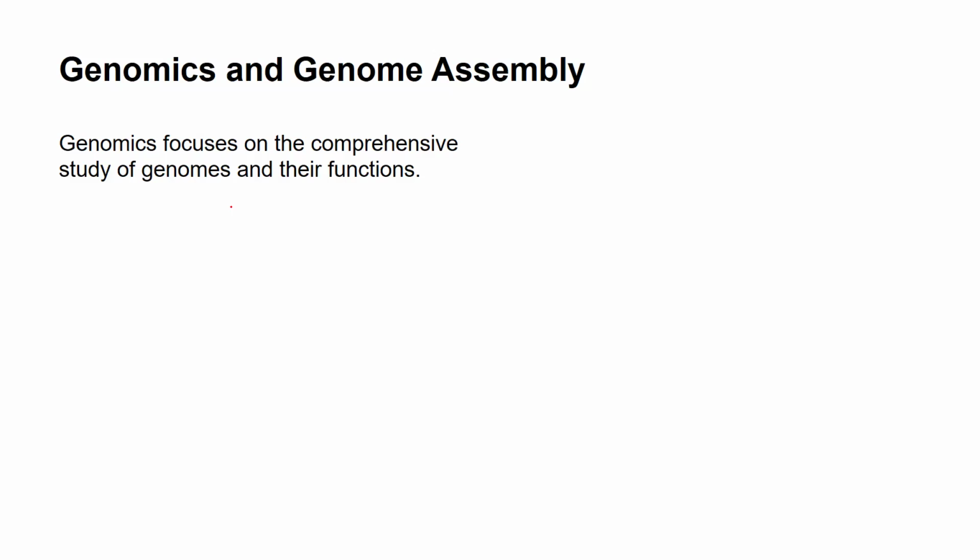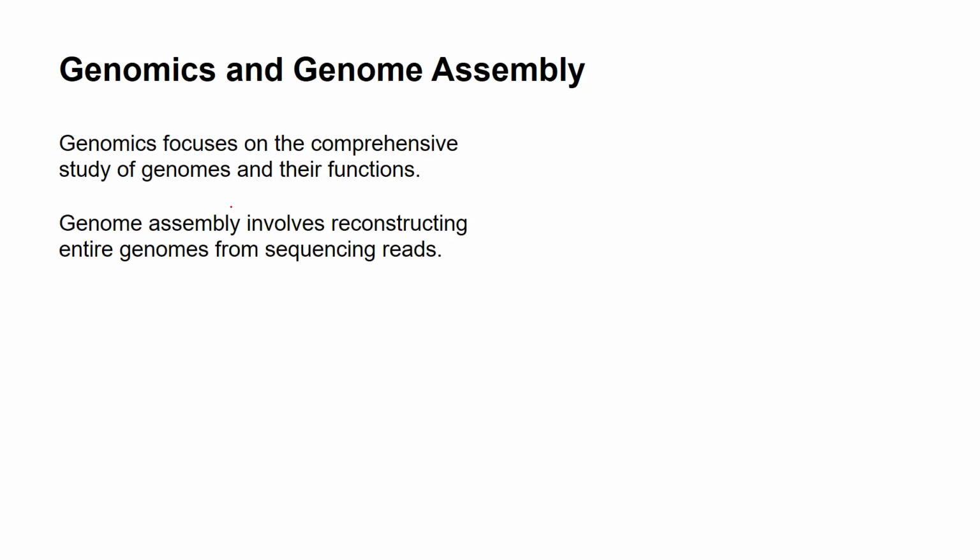For example, the human genome, the genome from cattle, and the genome from chicken are different. It is through genomic studies that you are able to see how genomes vary from one organism to another, and how the differences in the genomes make one species different from another.